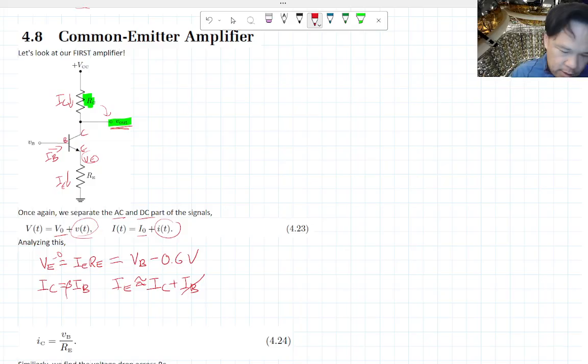So we do the substitution in here, we replace this with IC. Let's do more algebra steps so it's a little bit easier to understand. The base voltage minus 0.6 volt, and I'm going to divide both sides by RE.